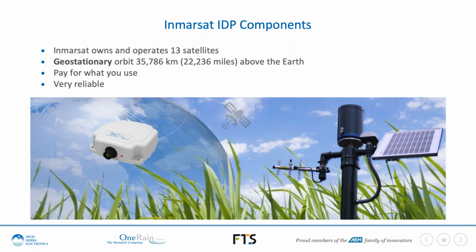Once you've locked into that satellite, unless something is tweaked at the site, you won't miss your transmission. It is also another pay-as-you-use, and so it's not a free service, but again, it's all about what you want and what your needs are.